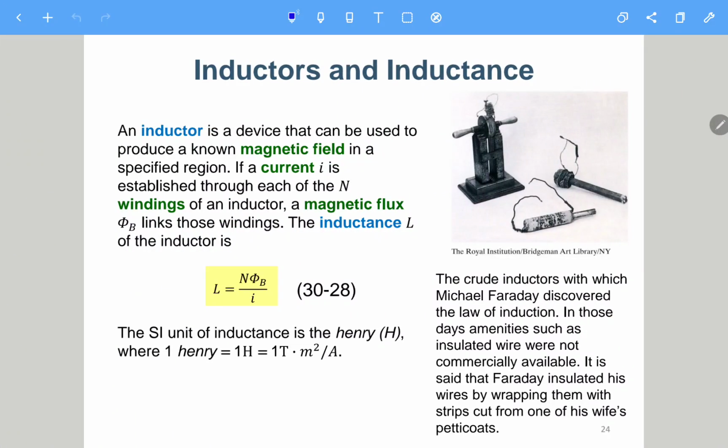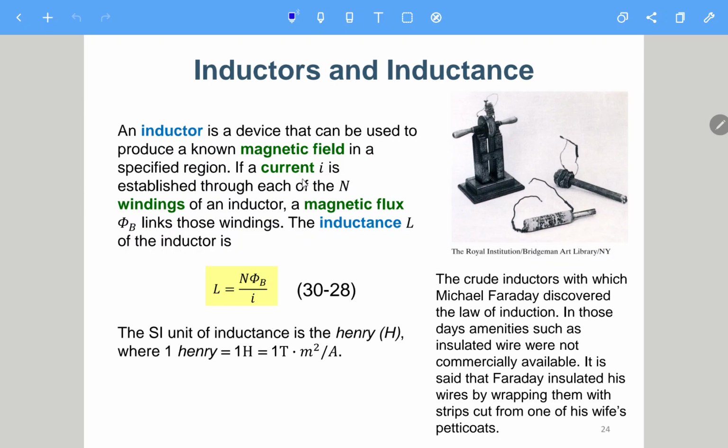Okay, so this should be easy. Next we talk about the inductor and inductance. As I mentioned, this is the third circuit element we mentioned previously. We already talked about the capacitor and resistor, so this is the third one, the inductor. An inductor is a device that can be used to produce a known magnetic field in a specific region.